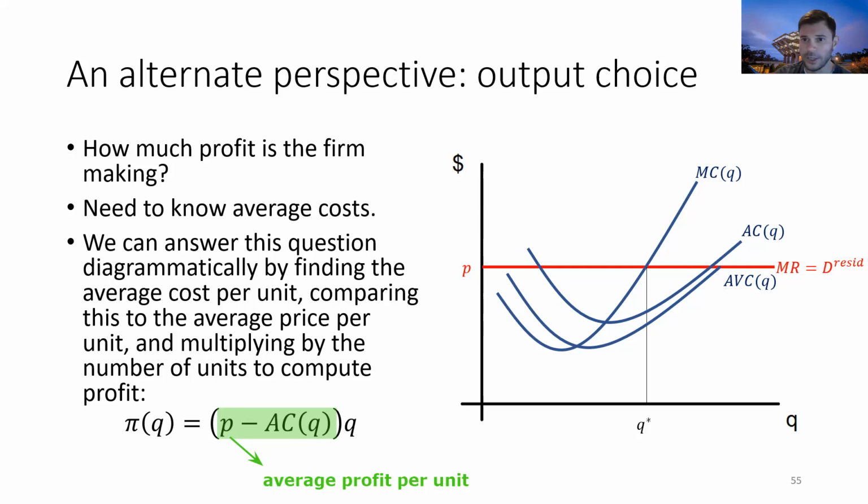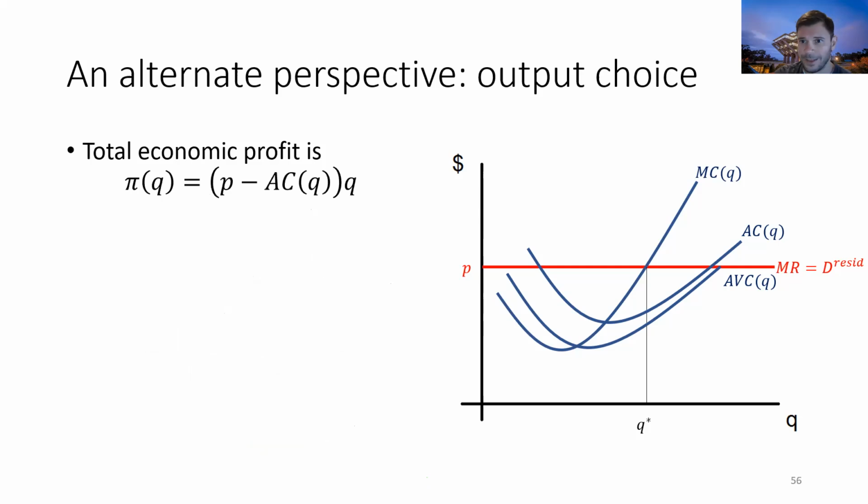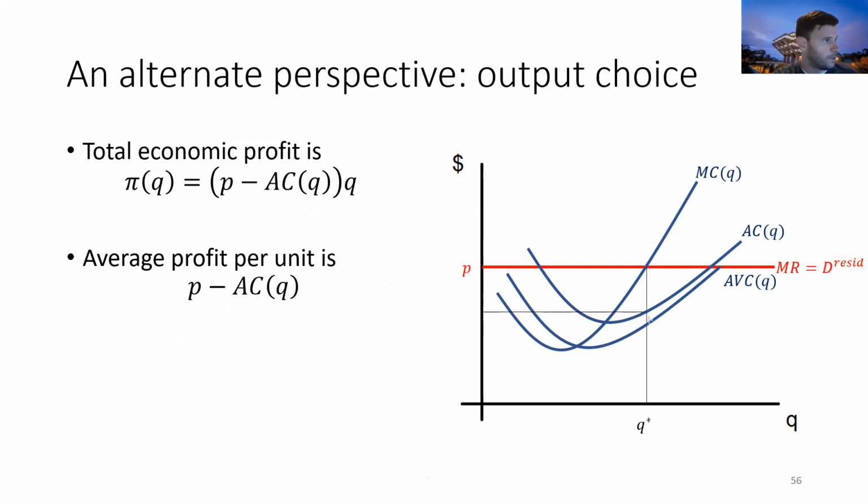So if we look at our picture and we follow Q star up to the average cost function, we'll go up here, and we'll go straight over. And that'll tell us exactly what our average cost is per unit.